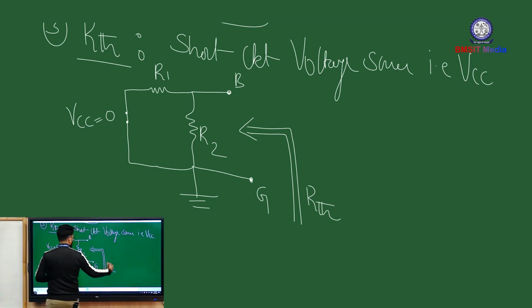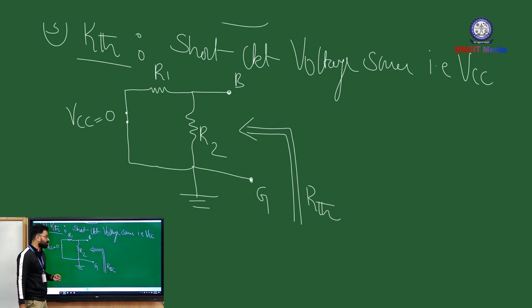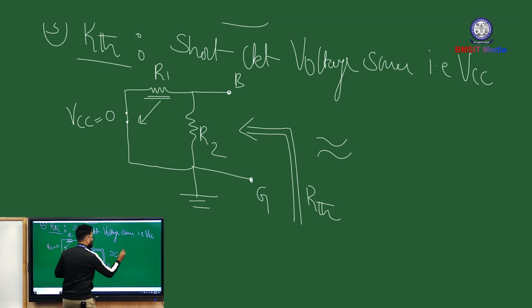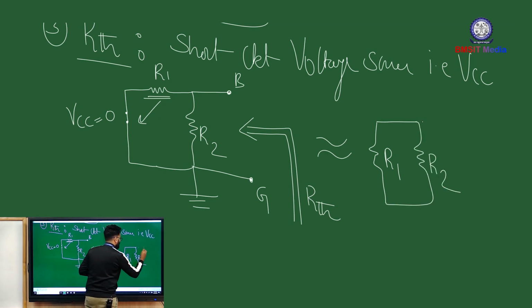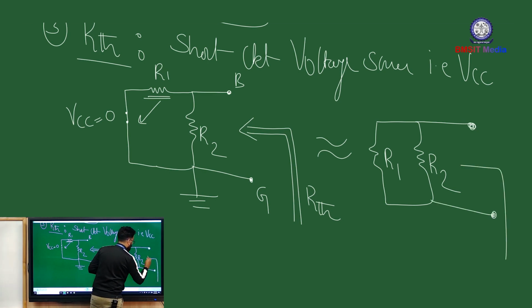So basically, when you look into the network from the output side, you would see that resistance R1 and R2 are connected in parallel. Okay. How? So you have this resistance R1, right? So just for the sake of clarity, I will shift this resistance over here. So this is R1, and then you have R2, and then you have the open circuit terminals, and then you are trying to measure RTH, right?